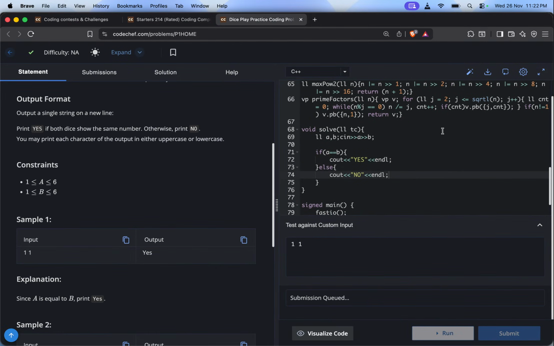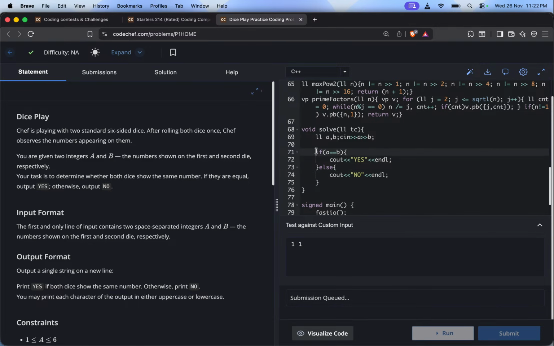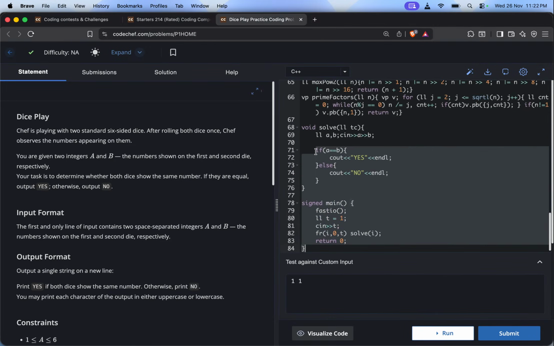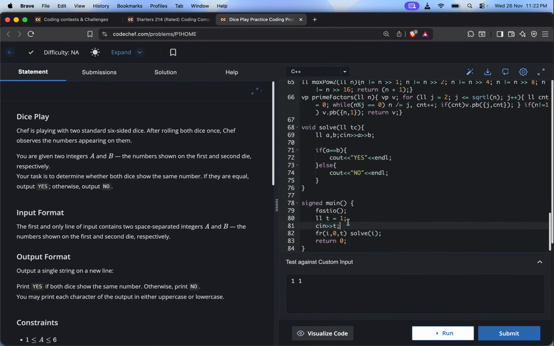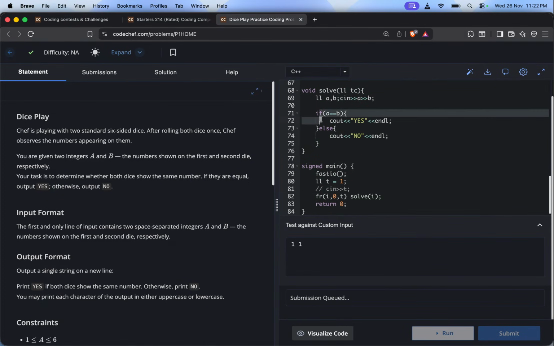So this is it for the first problem. We are checking if the two numbers appearing on the dice are equal, then print yes, else print no.